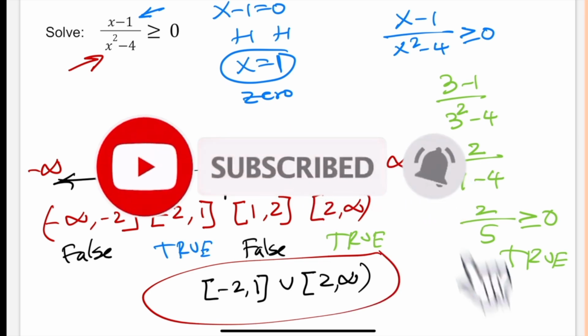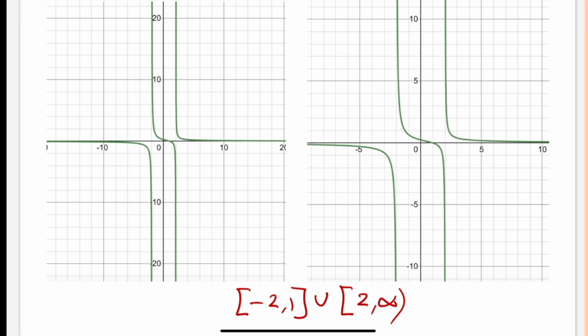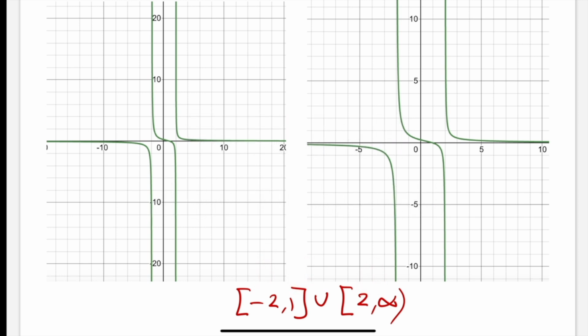Let's check the graph. I have two images of my graph. This one is more zoomed in. So if you remember, my key values were negative 2, 1, and 2. Negative 2 and 2 were my asymptotes, and 1 was a zero.